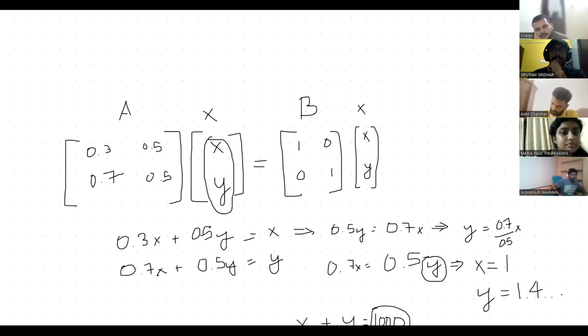AX is equal to BX. So (A minus B) times X is equal to the 0 vector. What is the 0 vector? 0.